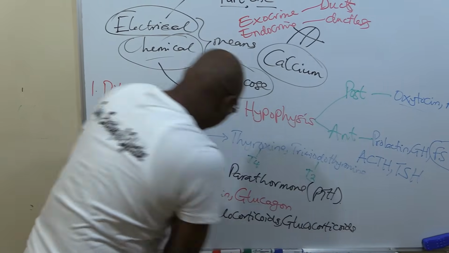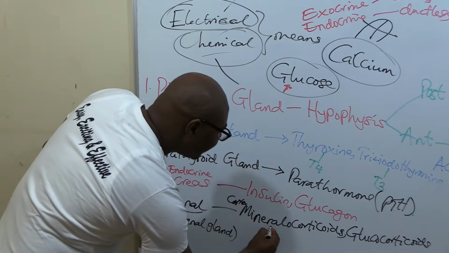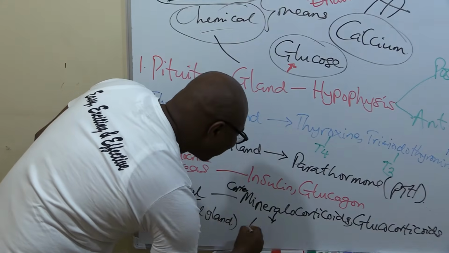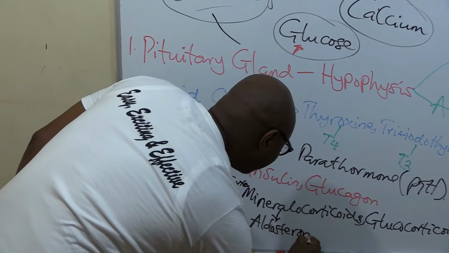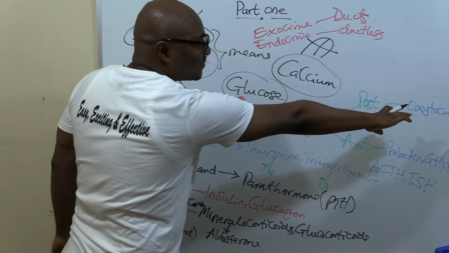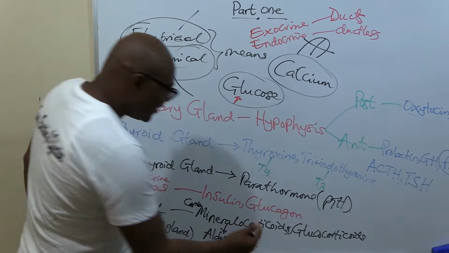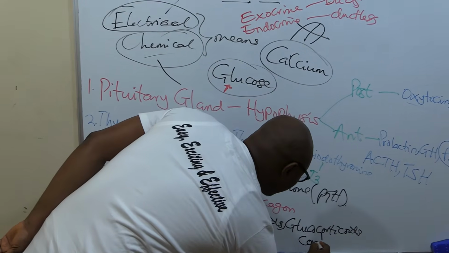That's the cortex. This mineralocorticoid is mainly aldosterone. Aldosterone plays a role in the kidneys too, seems like its brother, the ADH. Then glucocorticoids. The classical one there is cortisol.